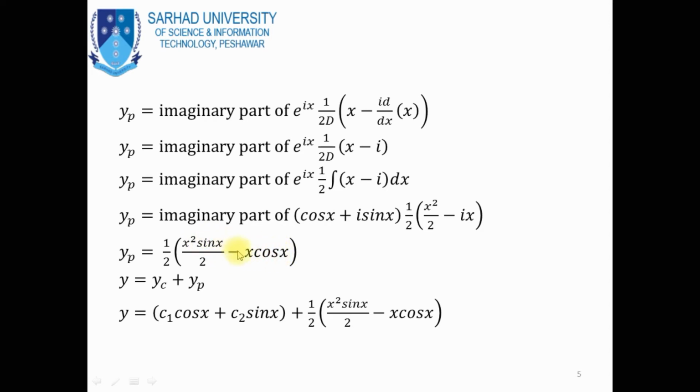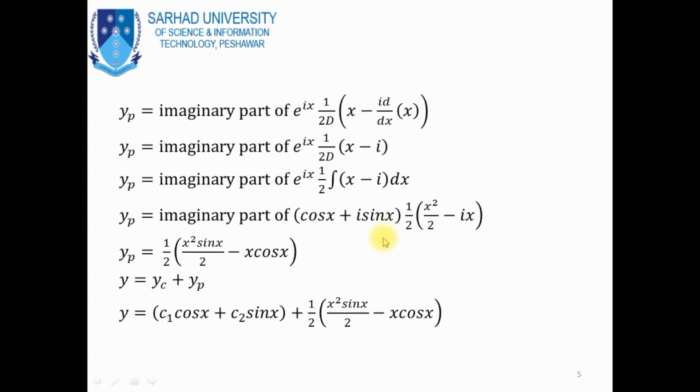So the imaginary part of the multiplication of these two factors: first of all multiply these two factors. You see over here x²/2 into cos x is the real part, and this part, i and i² equal to minus 1, so this part is also the real part.